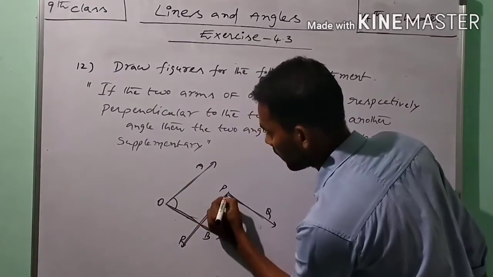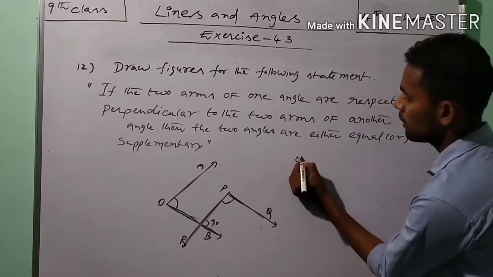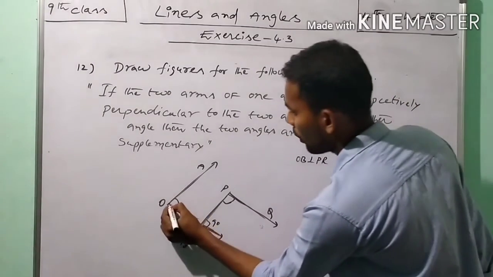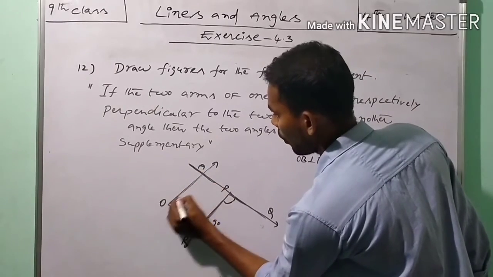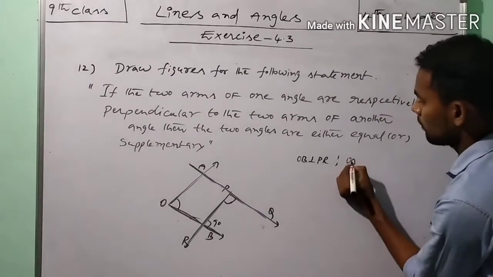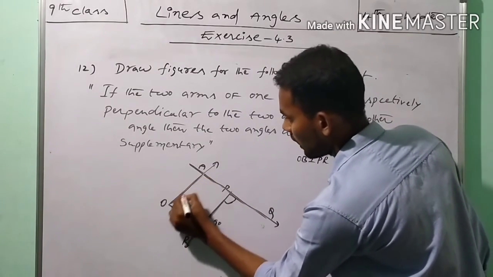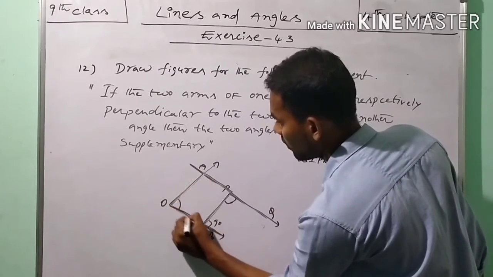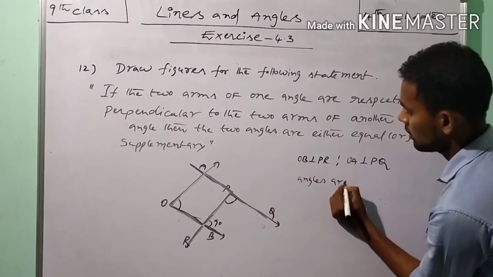OB perpendicular to PR, this angle is 90 degrees. OA line is extended. OA perpendicular to PQ. In the four sides, the sides are equal. Angles are equal.